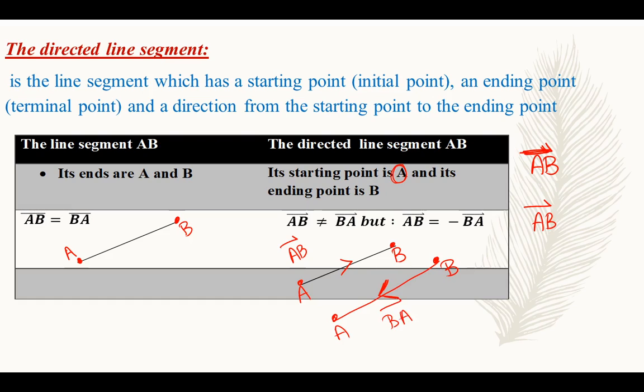You can see that the length of AB directed line segment is equal to the length of BA, but in opposite direction. So we will write the negative sign because they are equal in magnitude but opposite in direction. So the directed line segment AB equals negative the directed line segment BA. Okay, let's go.